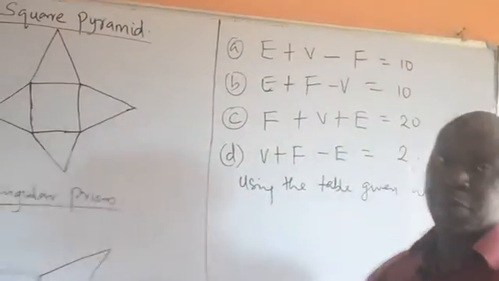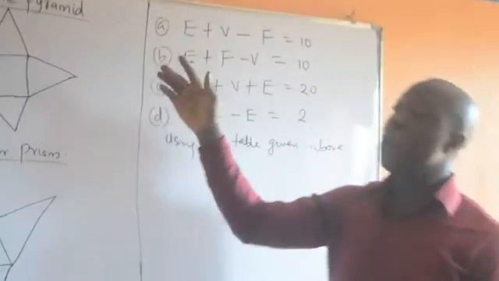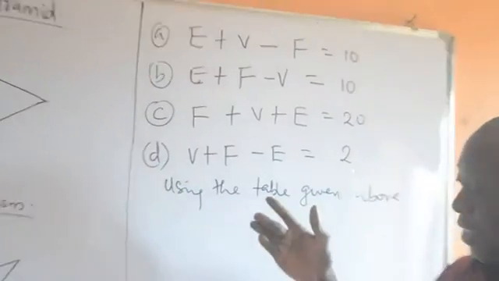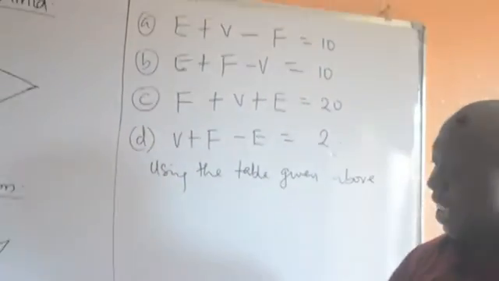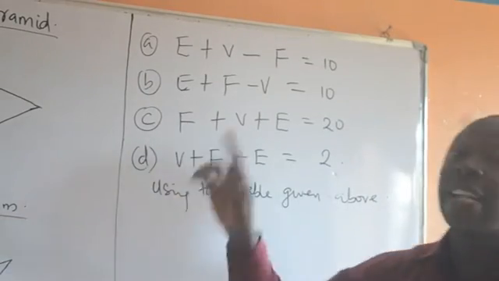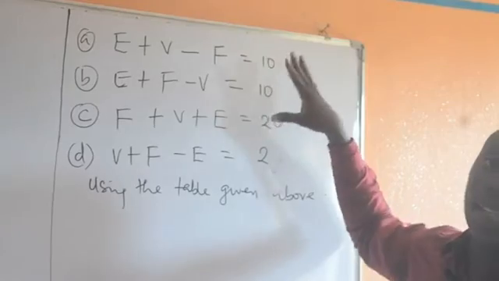You are expected to use the initial table where the faces, edges and vertices of these shapes are given. You are expected to use that table to answer this question.